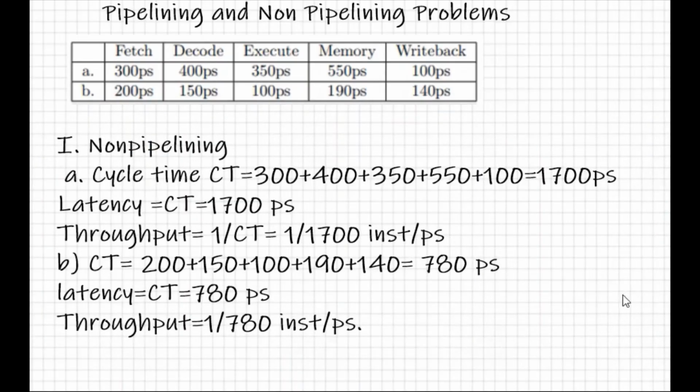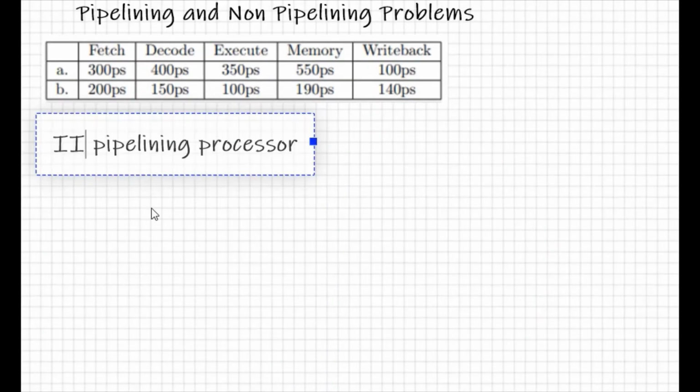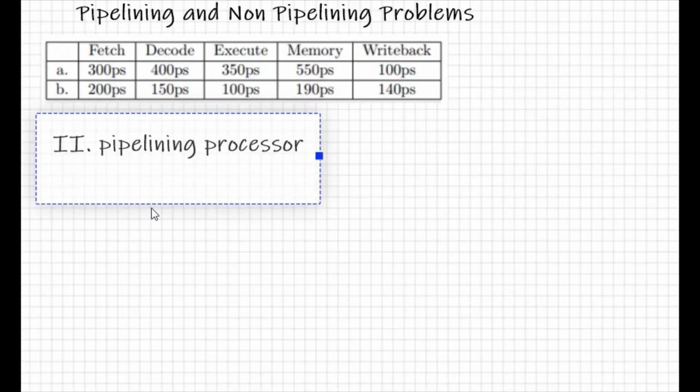Okay guys, second one, the pipelining processor. For the pipelining processor, the cycle time is the maximum delay, basically the critical path. Whatever time is taken by the critical path will be your cycle time in the pipelining system.